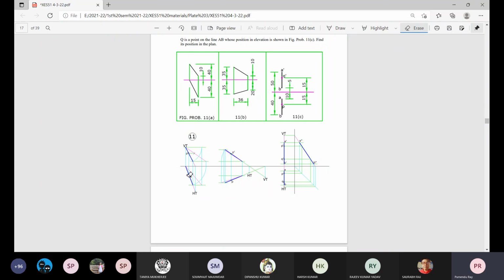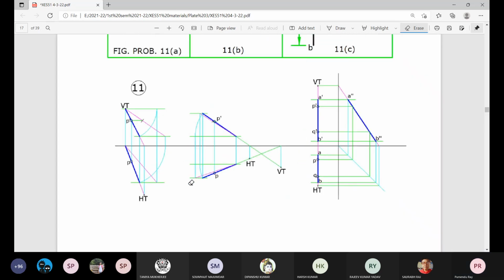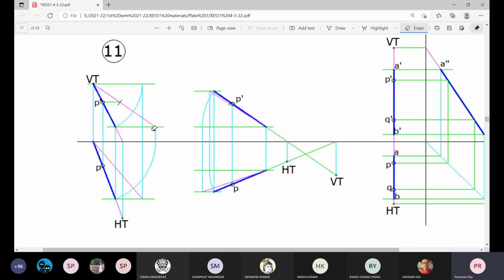And with this location of P, P dash, or Q, here you need to determine the true length, and along the true length we measure the true distance. Then we need to come back to this original thing. So this is the true length. Locate it here, find the corresponding elevation and find the corresponding plan.